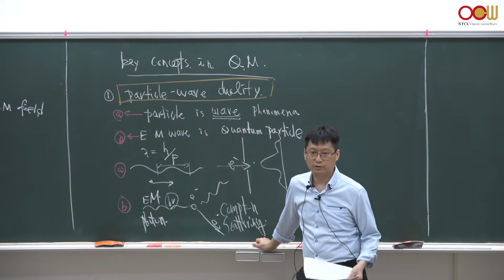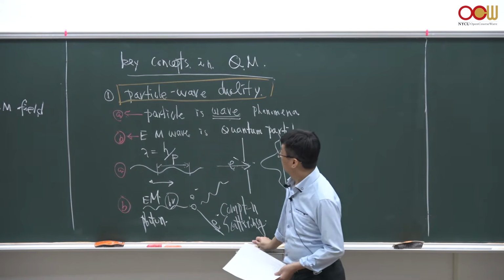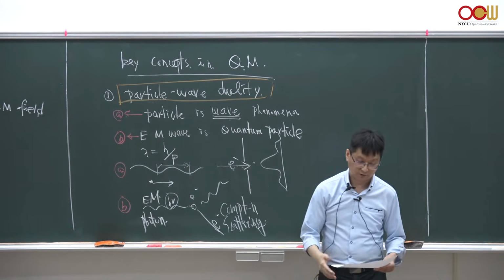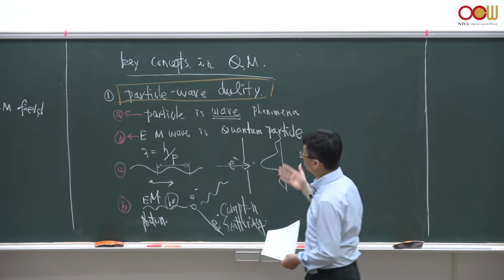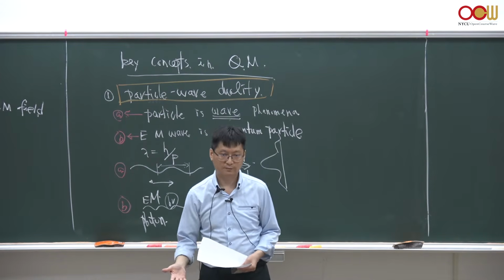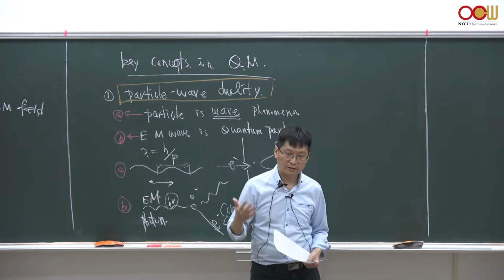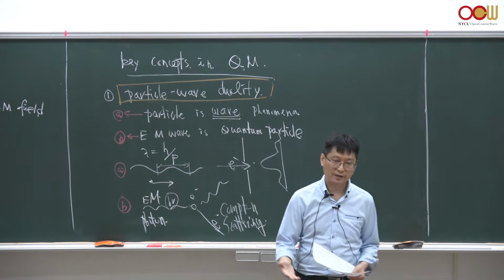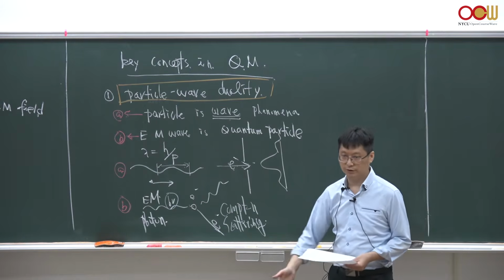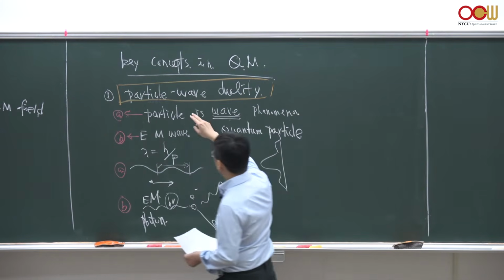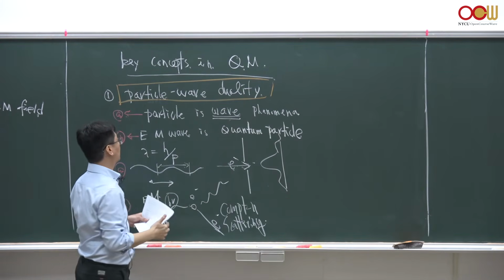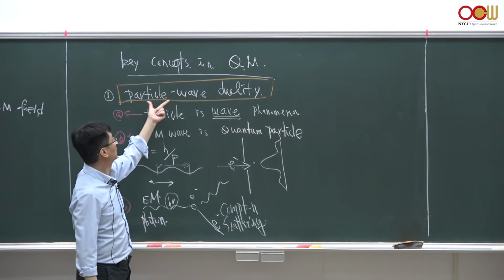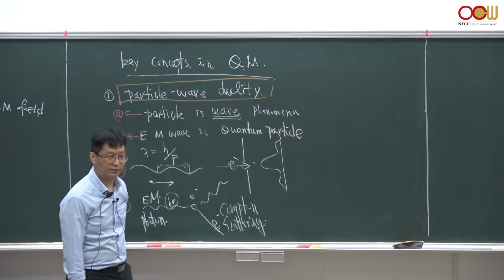So this is the magic of quantum mechanics, namely every quantum particle shows two faces, two sides of a coin, but you can only see one side of the coin at one time. So you cannot see the double faces at the same time and the same location, and that is forbidden by the Heisenberg uncertainty relation.